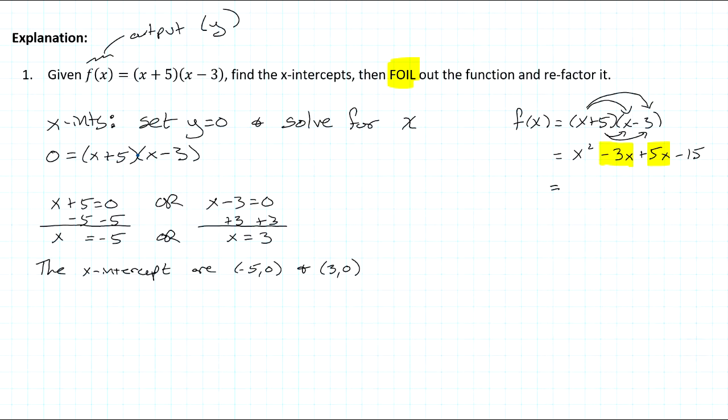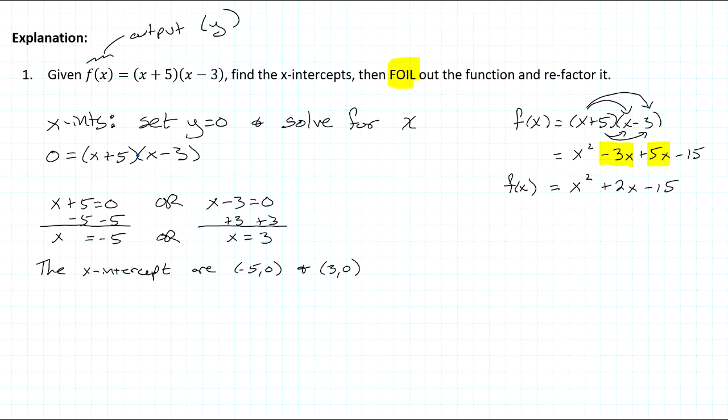But we're going to add these together to combine our like terms and get that this equals x squared plus 2x minus 15. And so normally we would see the function in this form. We would see f of x equals x squared plus 2x minus 15, and we would be asked to find the x-intercepts.